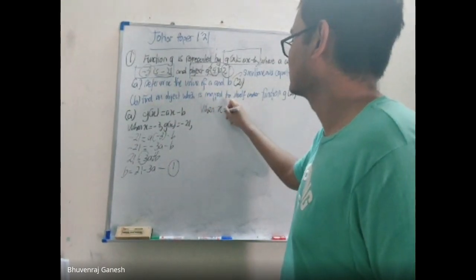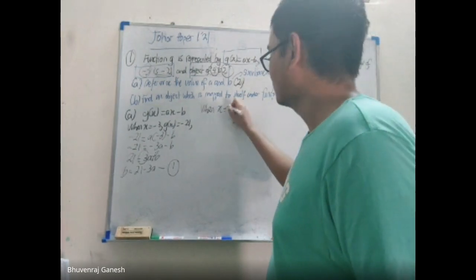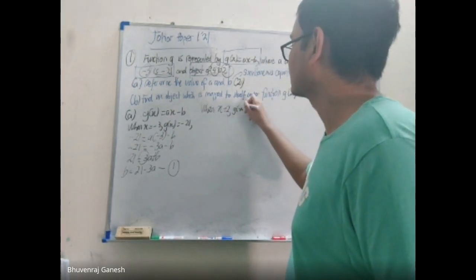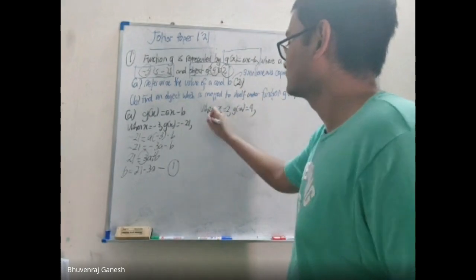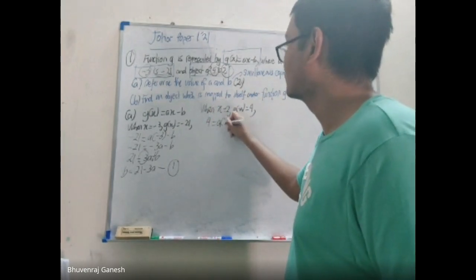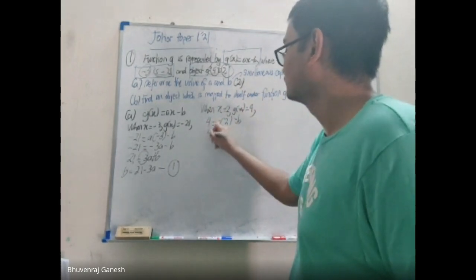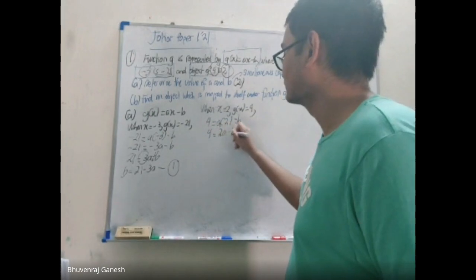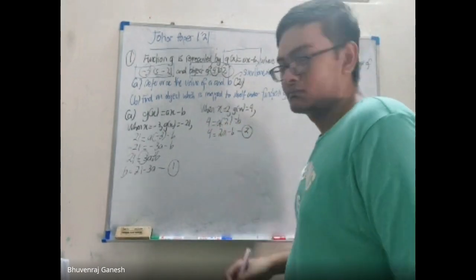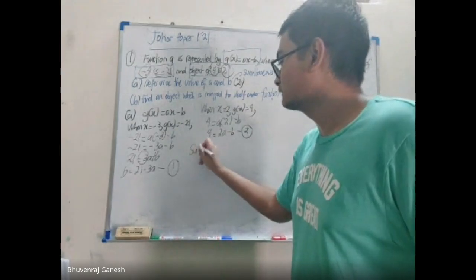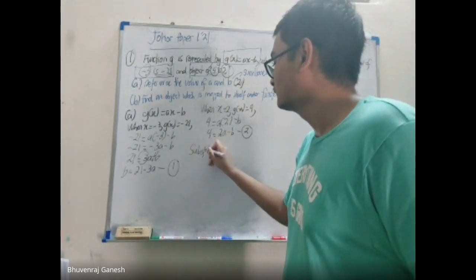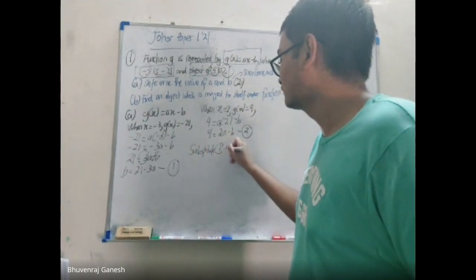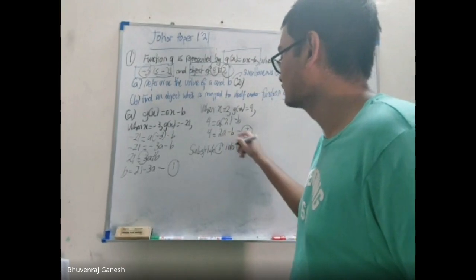So when x is 2, gx is 4. So 4 will equal a2 minus b. 4 is 2a minus b. So you see I label this as 2. And from here I can substitute 1 into 2 because there's a single b term here.